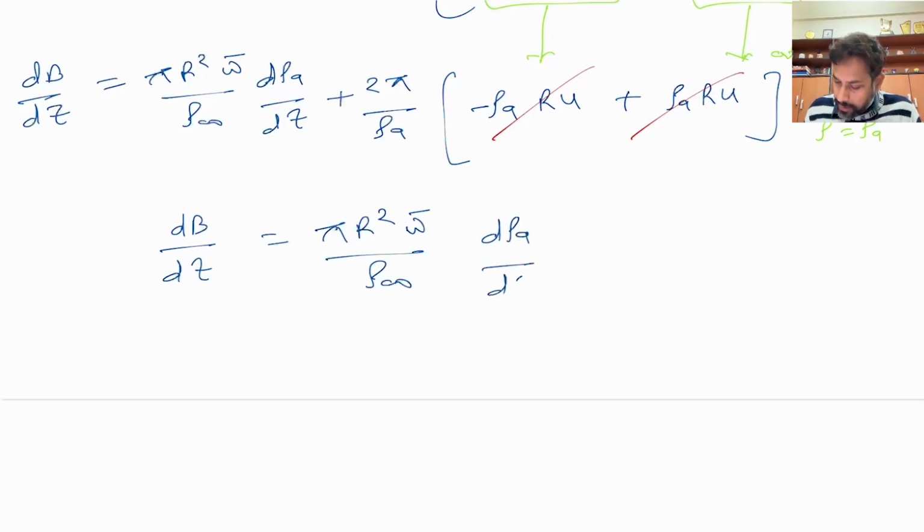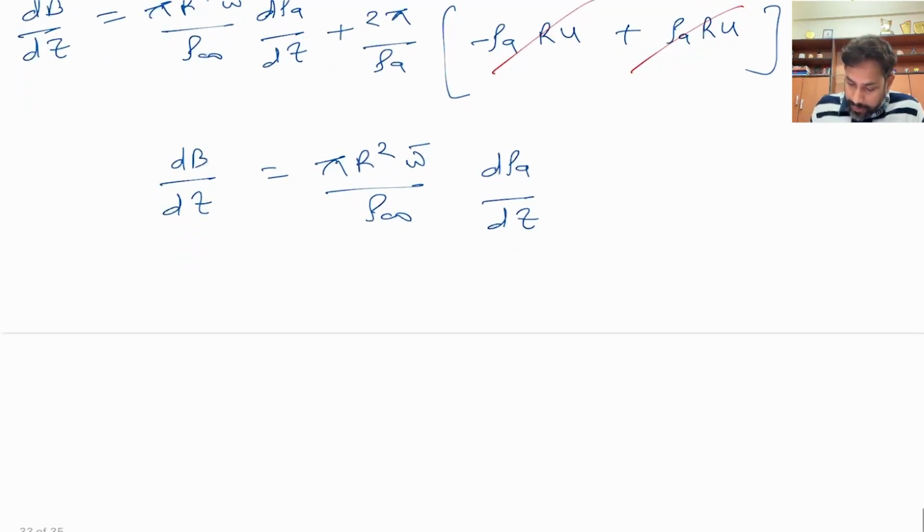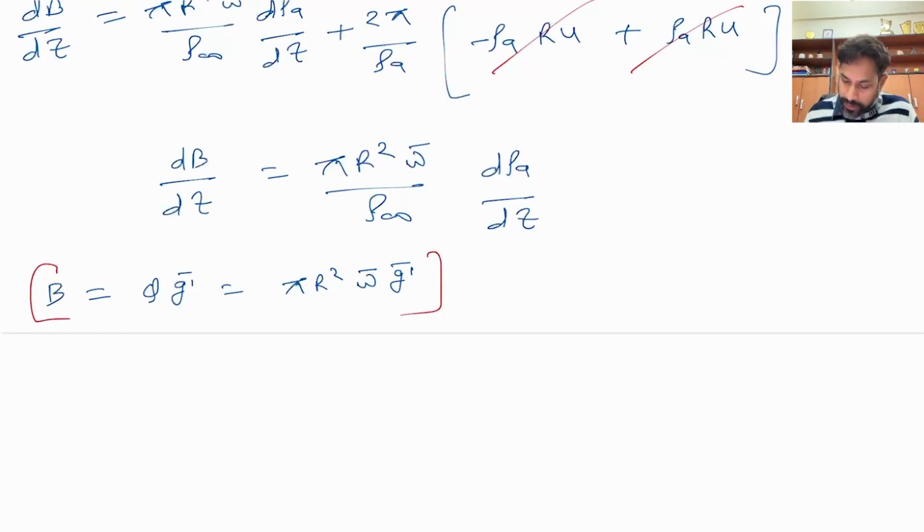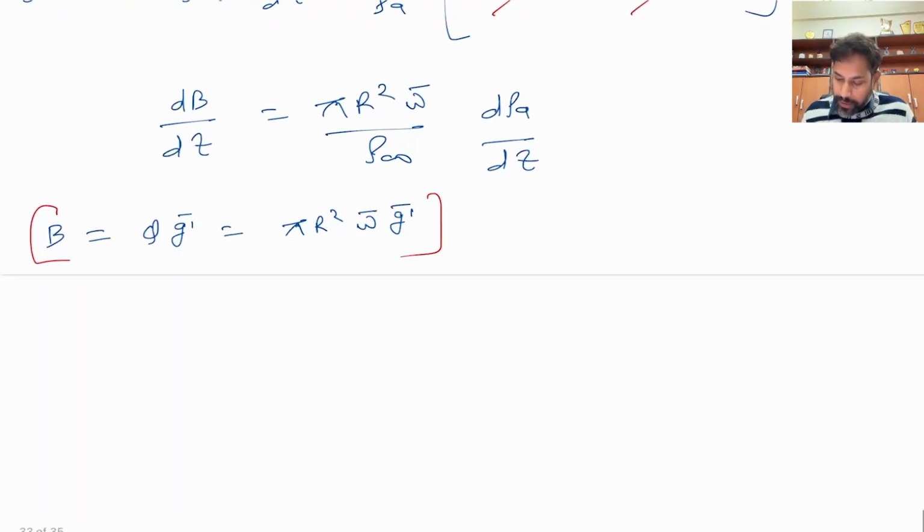And remember that B in its bulk form can simply be written as q into g prime bar, that will be pi r square w bar into g prime bar, right? So this is what we know about the buoyancy flux, that is volume flux into g prime bar, where here obviously we are assuming r, w bar and g prime bar as functions of z.